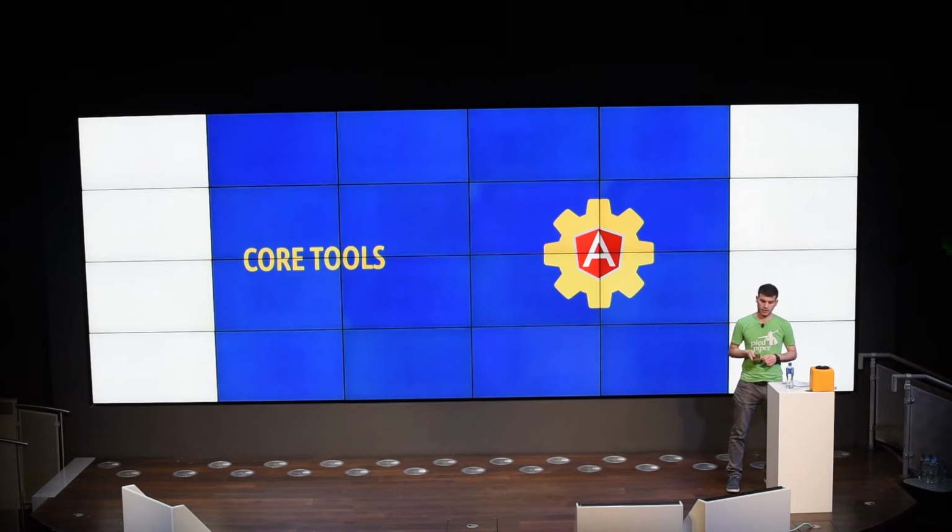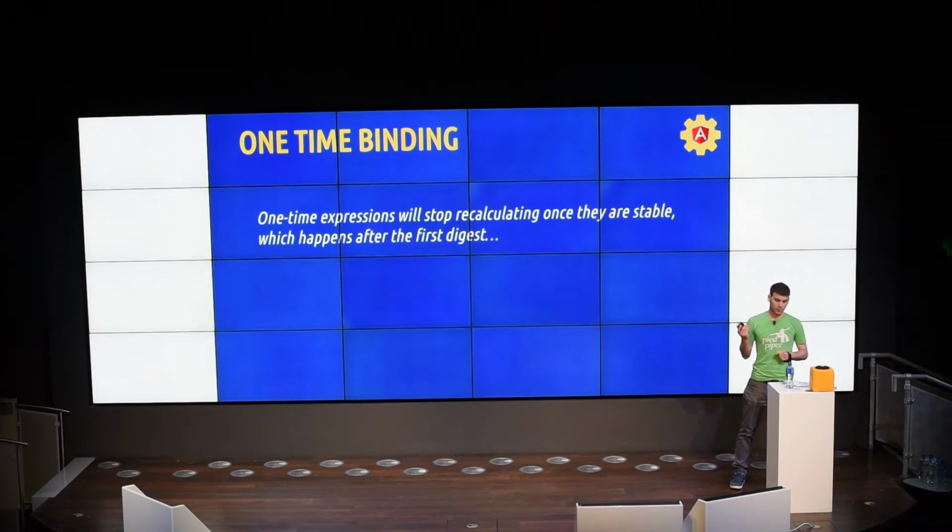So let's start with the core tools that Angular gives us. The first one is one-time binding. To understand one-time binding, we need to understand how Angular expressions work. For each expression in your template, Angular will add a watcher, so that when your model changes, your template will react to this.